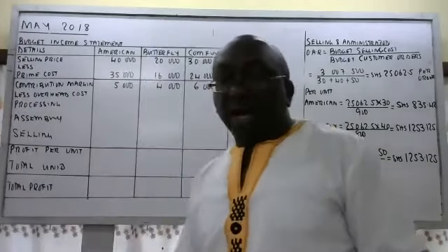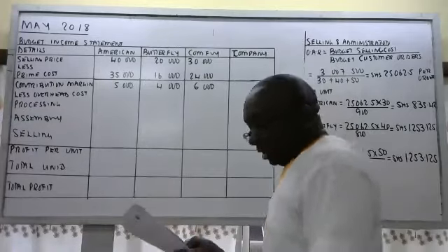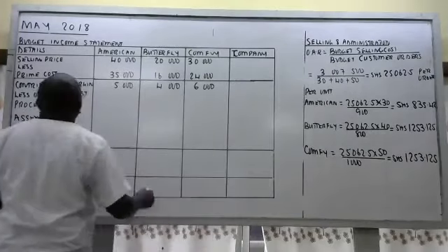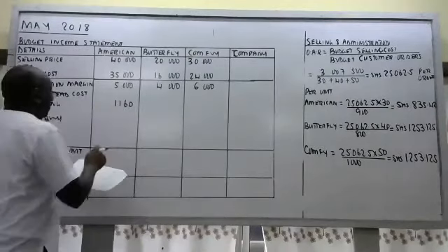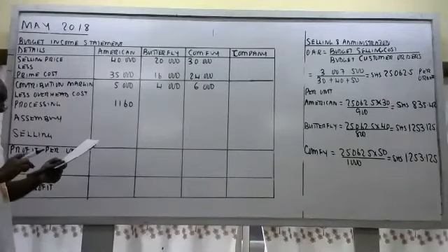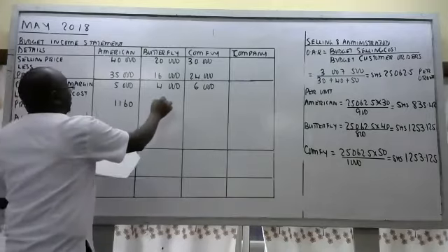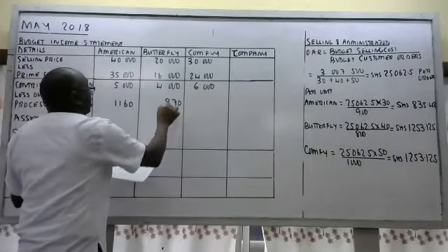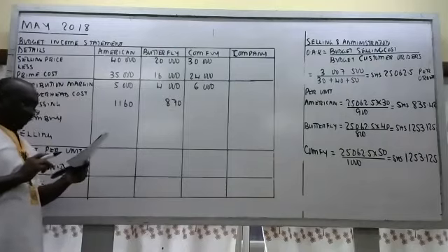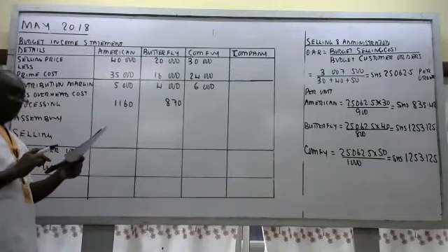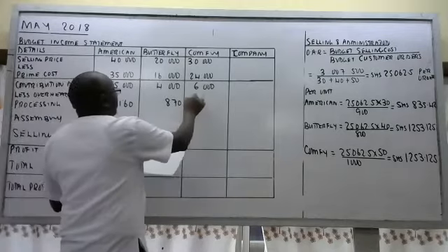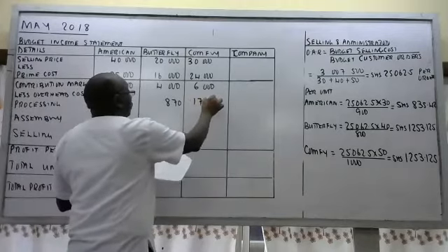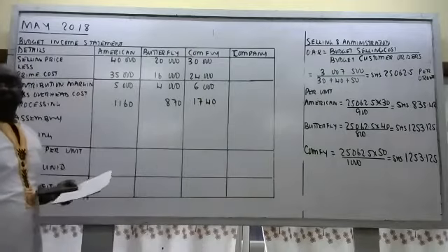The OER was 290. Yes, good. So when we multiplied we got per unit 1160. Then the OER here was 290 times 3, we got 870. Then this one, it was 290 and we multiplied by 6, we got 1740. Good.